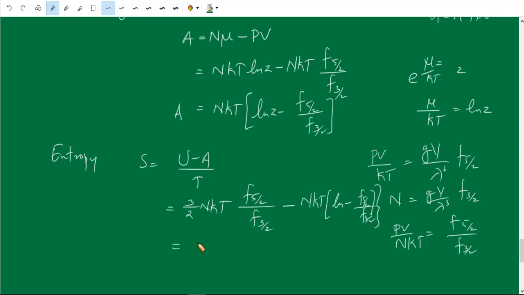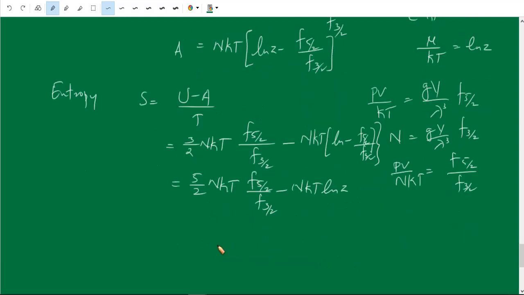So this is equal to 5 divided by 2 NkT f5 by 2, f3 by 2 minus NkT log z. Or we can just once more simplify: NkT, 5 by 2 f5 by 2 divided by f3 by 2 of z minus log z.